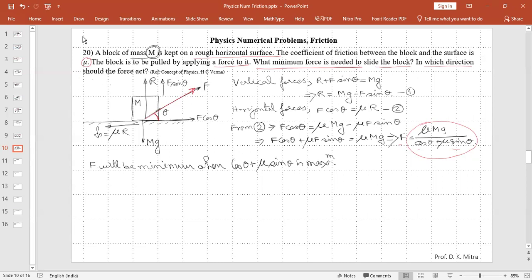At what angle theta does it become maximum? That is the question.